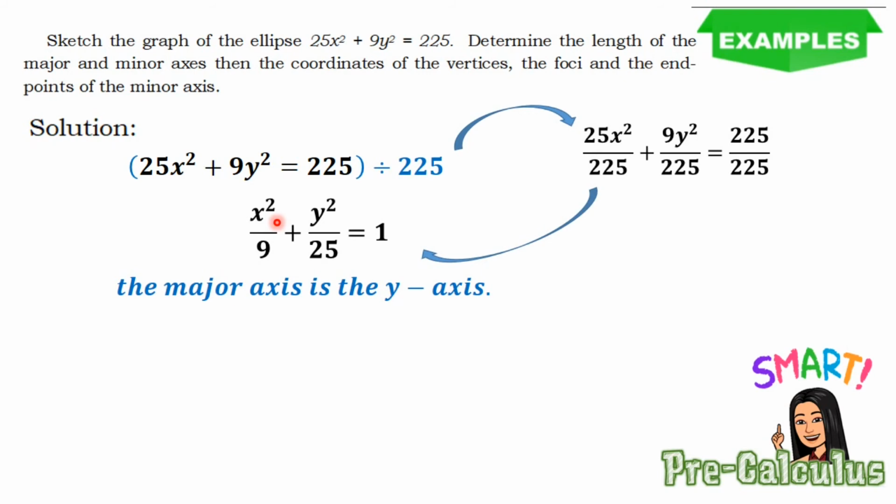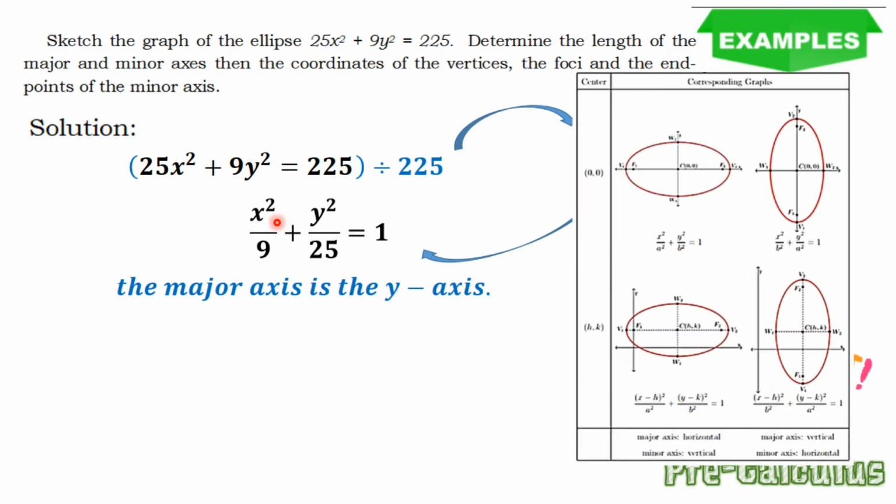Ayan. Meaning, the major axis lies on the y-axis, since this is an ellipse which has the center of 0, 0 or at the origin. Paano ang itsura ng graph at ang kanyang standard form of equation? Ganito siya. Vertical tayo.